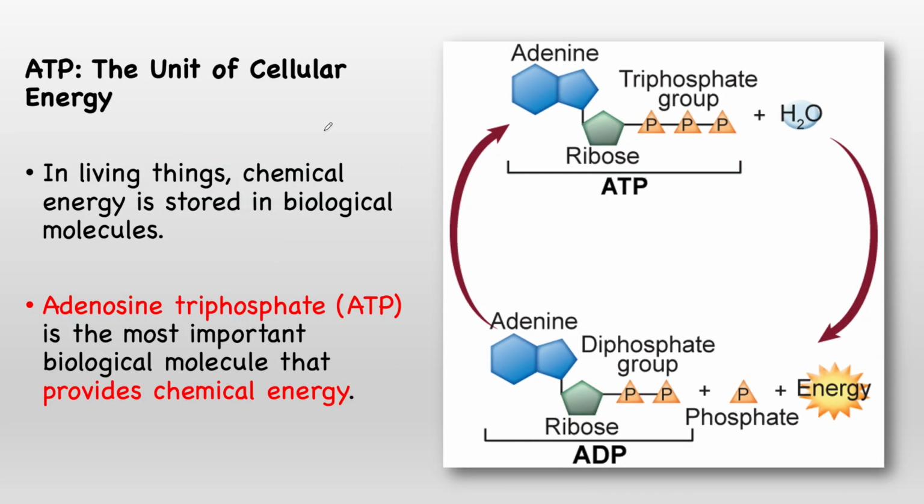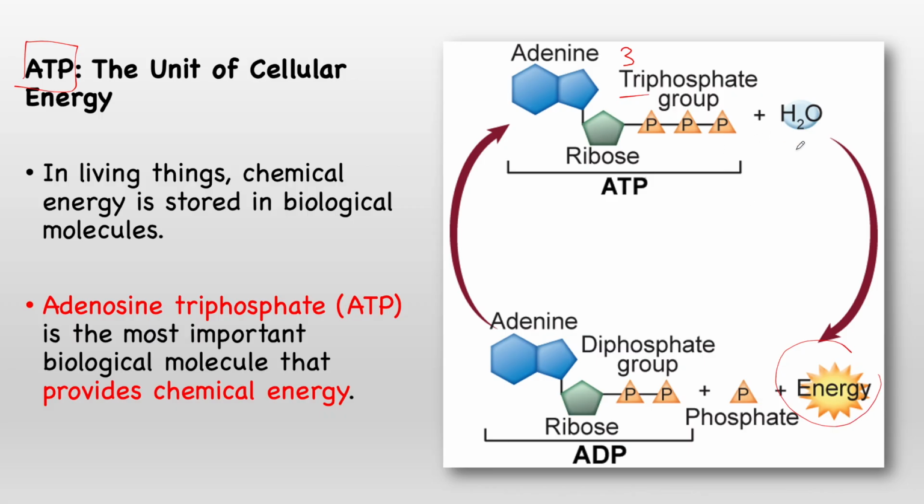Here is another example of catabolic and anabolic pathways. We will talk about the energy molecule, the unit of cellular energy, which is ATP. ATP stands for adenosine triphosphate. Tri means three phosphate groups. Now, the whole idea is how to break down the ATP to get energy.